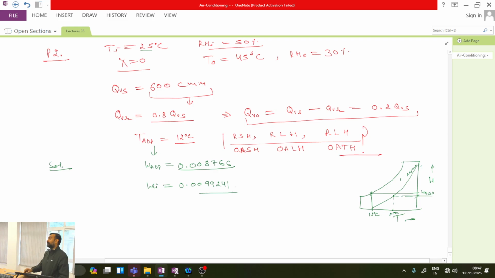Now, let me tell you one important point. Sometimes for solving the question, what is required? Smart work. What are these given conditions? If you are paying any attention in the class, these conditions correspond to the previous problem, where I just gave you the value using the saturated table.